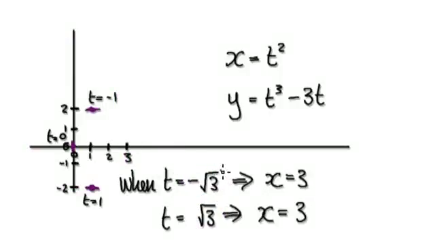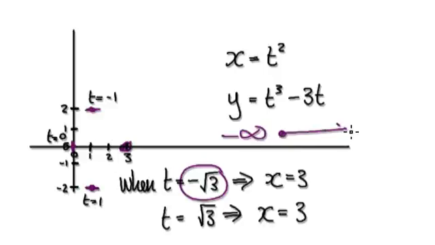So we know that time root 3 is going to be here, and then don't forget, our time is from minus infinity to positive infinity. The next point that we know is time negative 1, not positive 1. The next spot will be here.